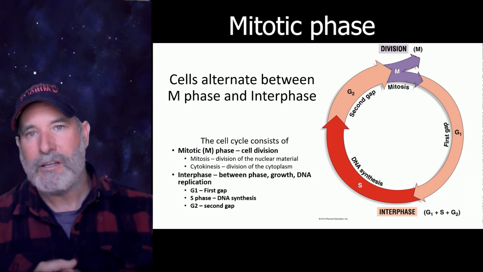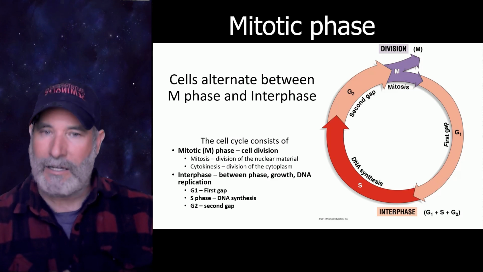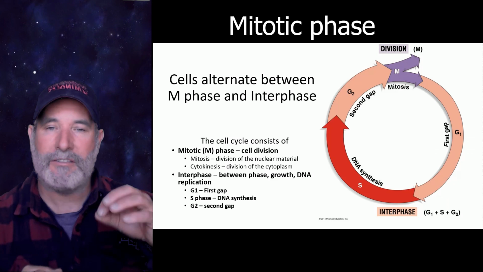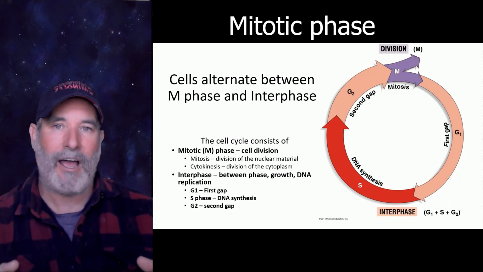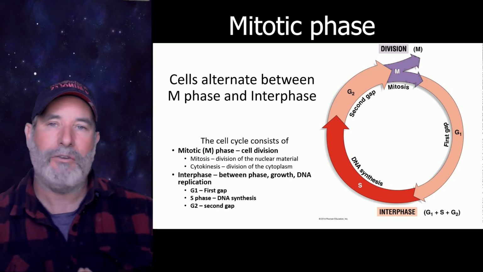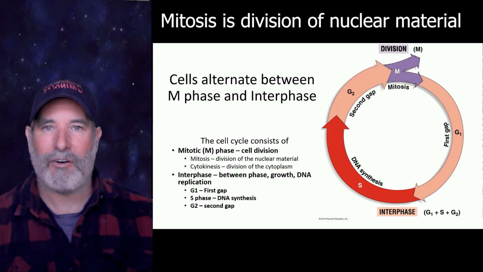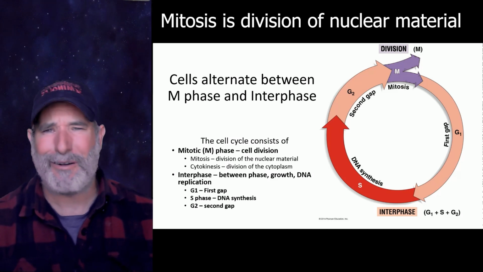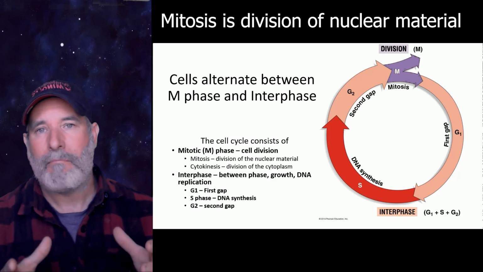It's split into cytokinesis. Cyto means cell. Kinesis means to move. So in cytokinesis, that's when we split the cytoplasm in half and all the organelles. And then mitosis, this is the actual division of the nuclear material. So if you ever heard prophase, prometaphase, metaphase, anaphase, yeah, that's what's happening in mitosis.